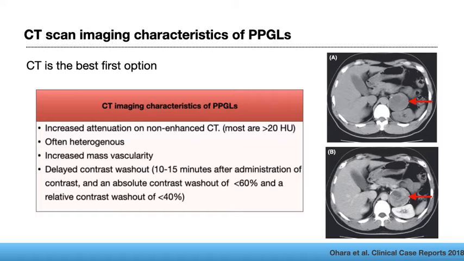The second characteristic is that pheochromocytoma usually appears heterogeneous because of the areas of necrosis and cystic degeneration, which appear more hypodense than the surrounding tumor tissue as seen in panel B. Also, pheochromocytoma typically enhances avidly because of the increased vascularity as seen in panel B also.